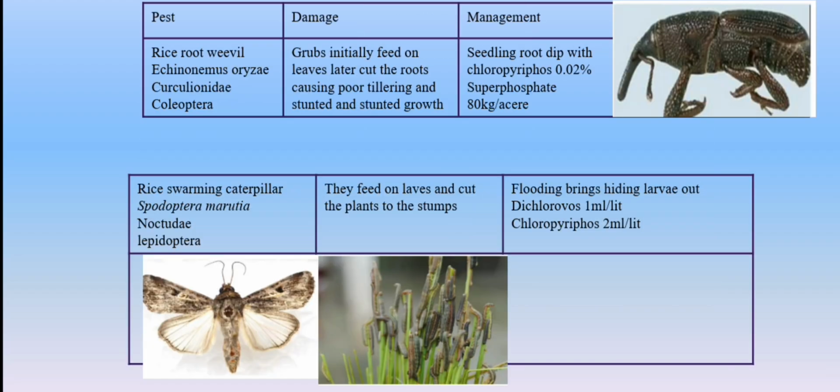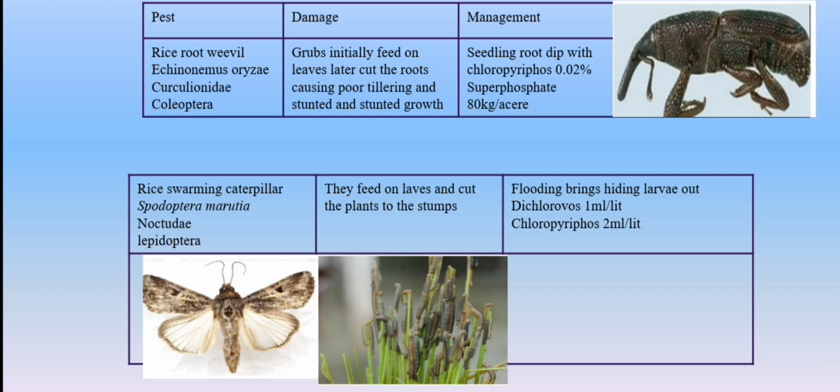And the next pest is rice root weevil. Scientific name Echinocnemus oryzae, Curculionidae, Coleoptera. So any weevil, 90% of the weevils belong to the family Curculionidae. So rice root weevil also belongs to the same family. As the name itself says, root weevil, these will damage the roots.